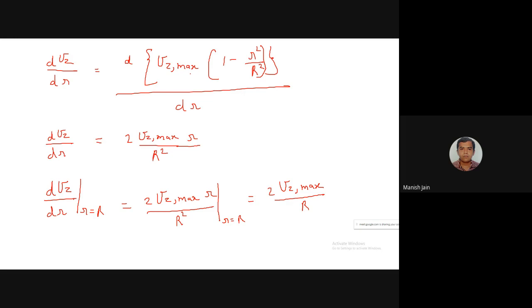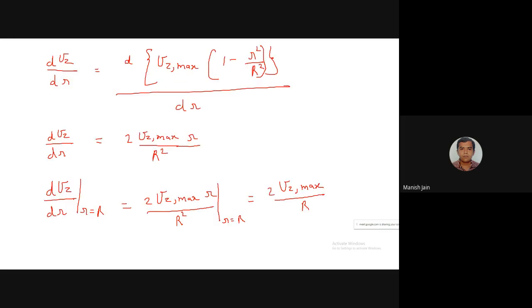Now you have to calculate tau rz, and I have told you we have to calculate tau rz at r equal to capital R. So from Newton's law of viscosity, that is equal to minus mu dvz by dr, because here we assume the momentum flux, tau at r equal to capital R. Substitute dvz by dr from the previous equation, 2vz max by R. Just substitute the value, you will get the answer.